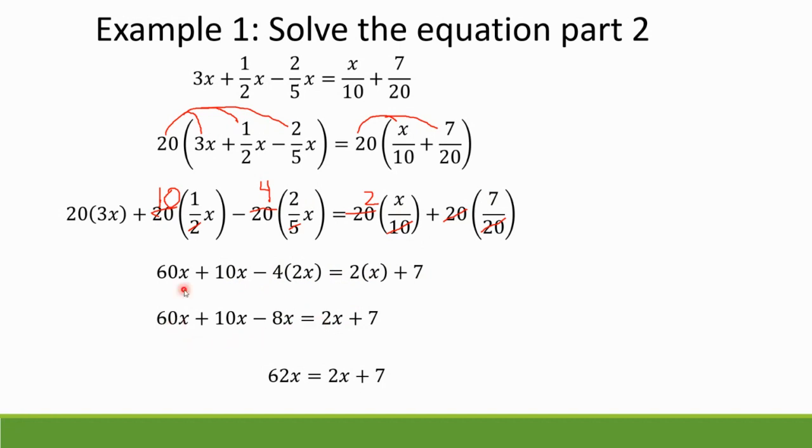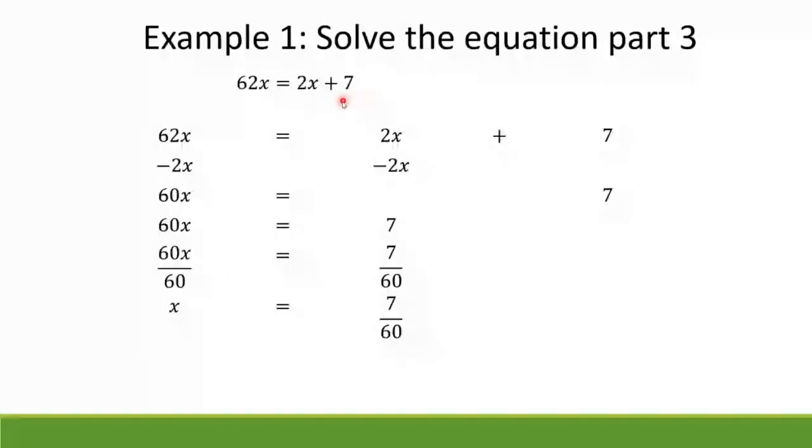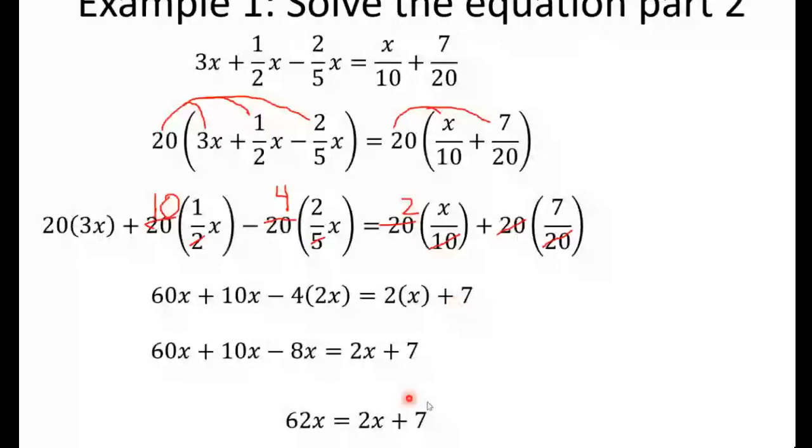So we can simplify the left-hand side. We end up getting 62x. So we have 62x equals 2x plus 7. That's good. Almost there, because now we want to solve this equation.